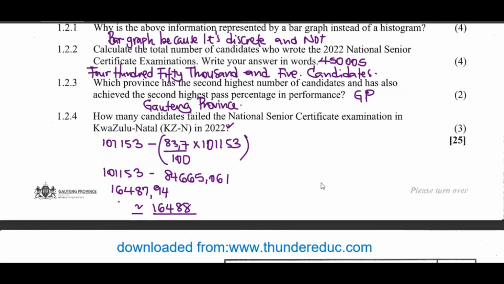If you don't want to do it this way, you would say 100%, we remove those who passed, which is 83.7%. Whatever percentage remains is for those who failed.